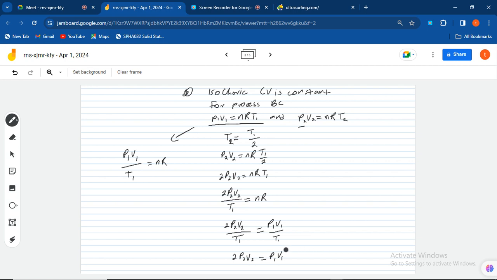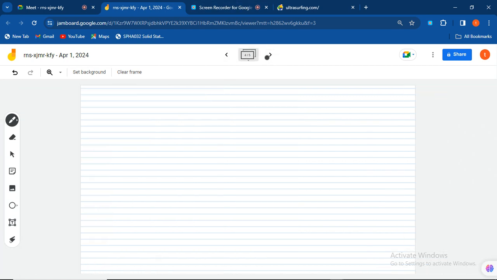And also, what do we know about isochoric? V2 and V1 are the same. So where there's V2, you can put V1. 2 P2 V1 equal to P1 V1.